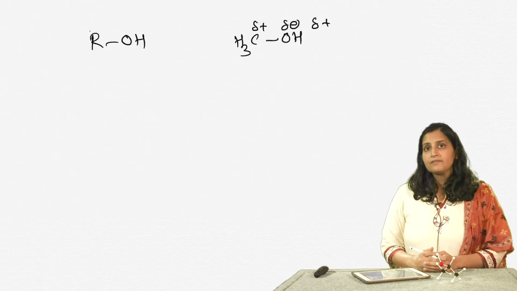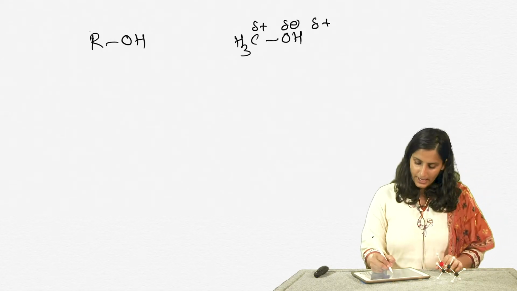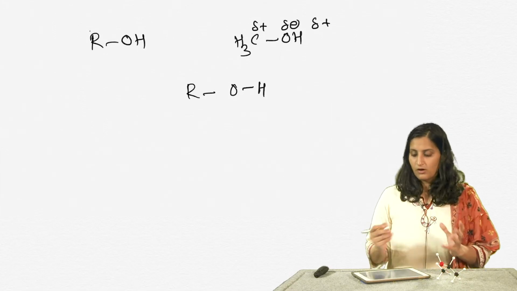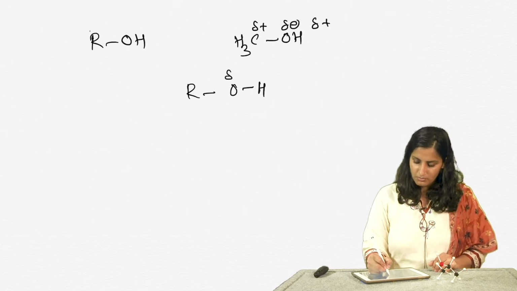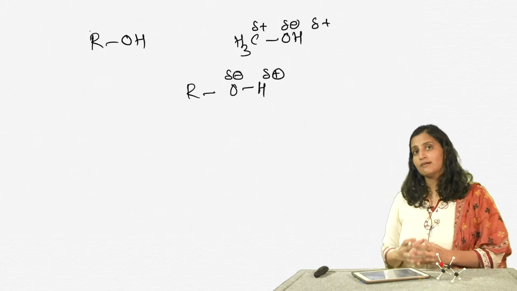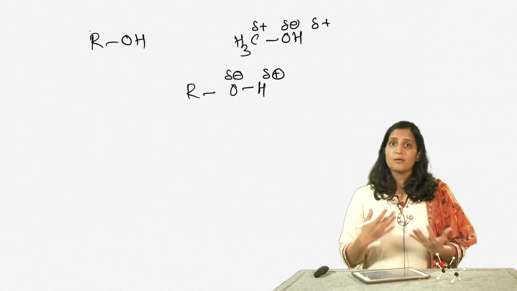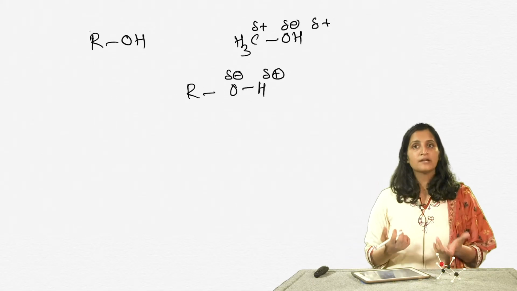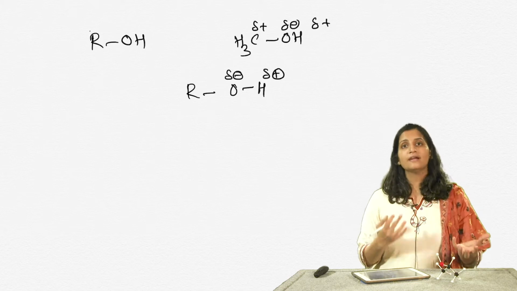Okay. Now, this kind of attraction between oxygen and hydrogen, where the oxygen bears a negative charge, delta negative, and hydrogen bears a delta positive, leads to something called a dipole-dipole interaction, because there is a dipole created between a positive end and a negative end.